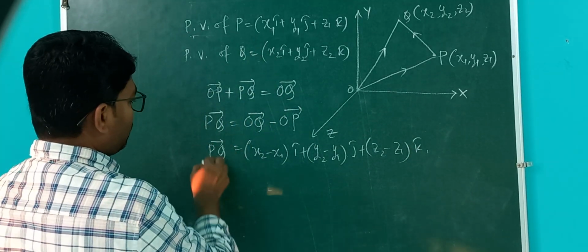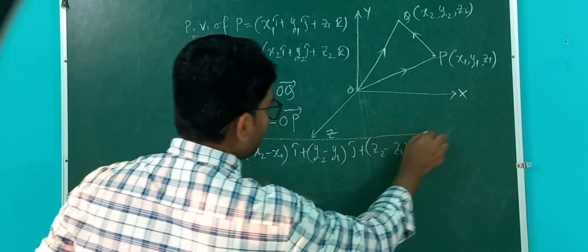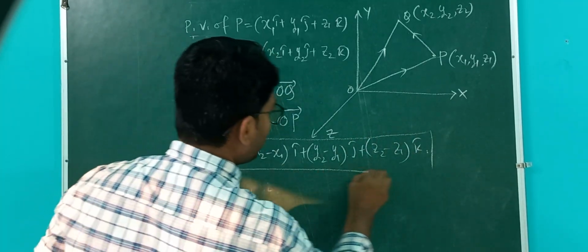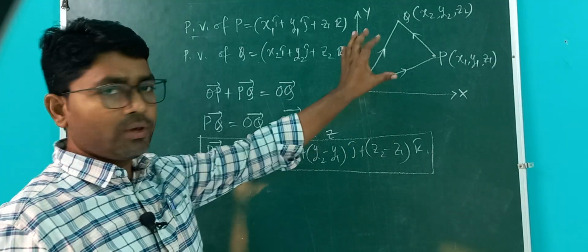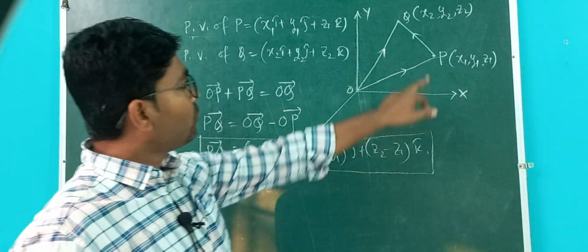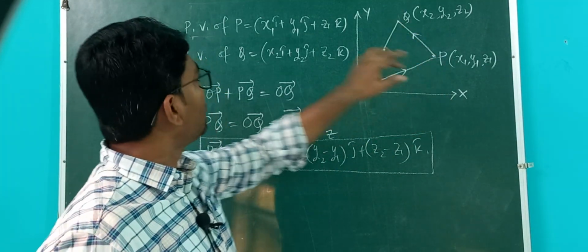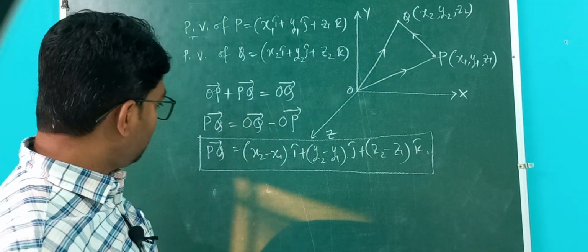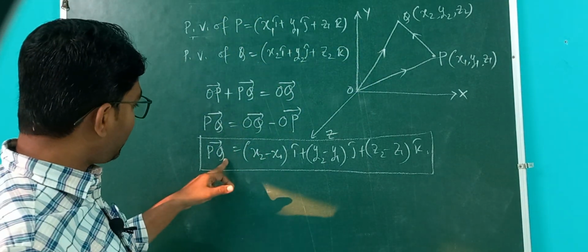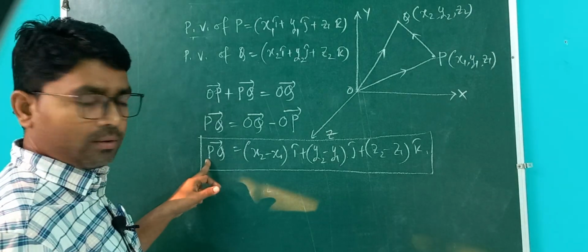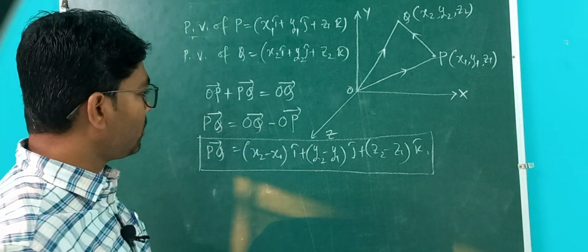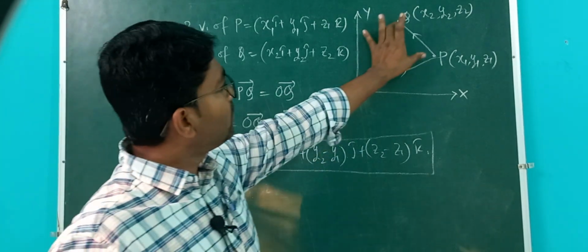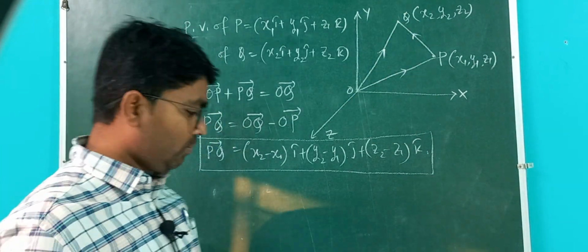That is the PQ vector. That is, if we want to calculate any vector PQ whose two points P and Q are given through the position vectors, just subtract the initial point from the final point, Q vector minus P vector, and then you will get the PQ vector.